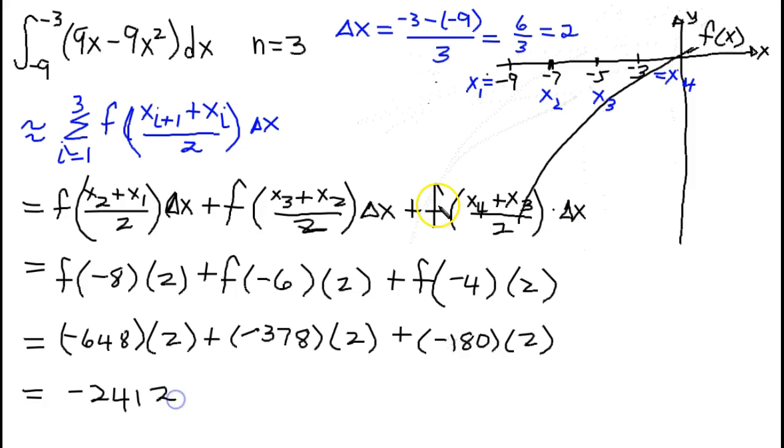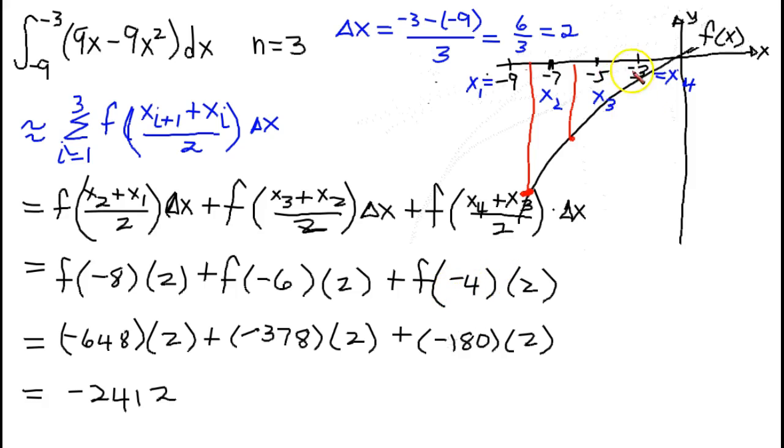Now let's see how this looks in terms of our rectangles. What we found was f of negative 8. Negative 8 is going to be right here in the middle, remember? That's the midpoint between negative 7 and negative 9. f of negative 6 is the midpoint between negative 7 and negative 5.